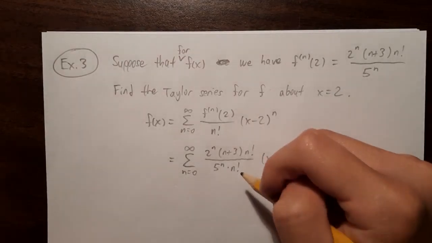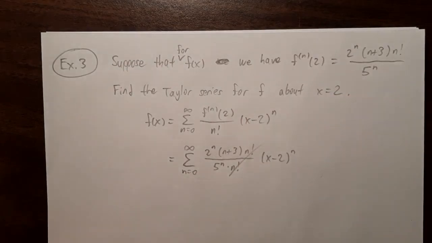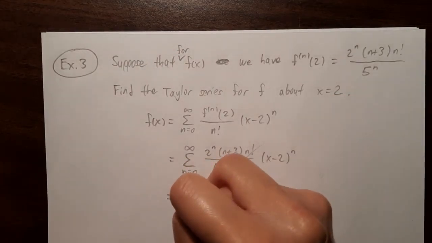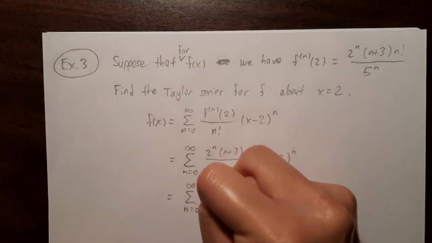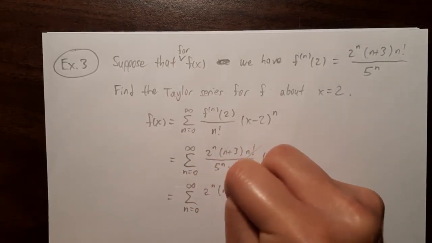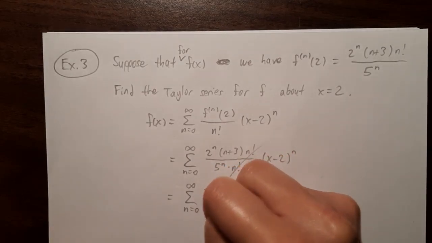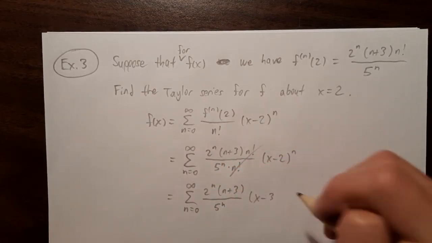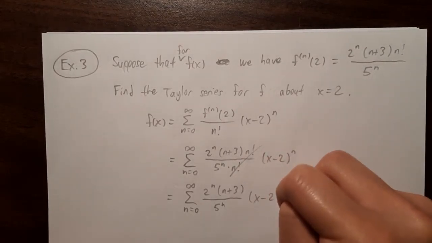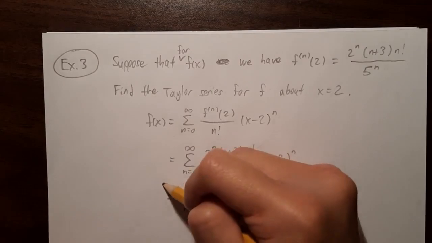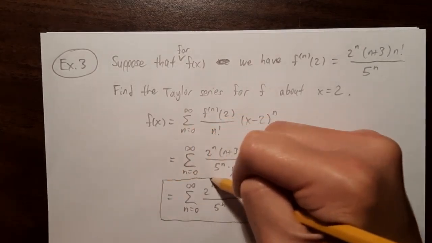All right, and so simplifying this a bit, the two n factorials cancel away. And so we're left with the sum of 2 to the n times n plus 3 over 5 to the n times x minus, whoops, not 3, x minus 2 to the power n. There we go.